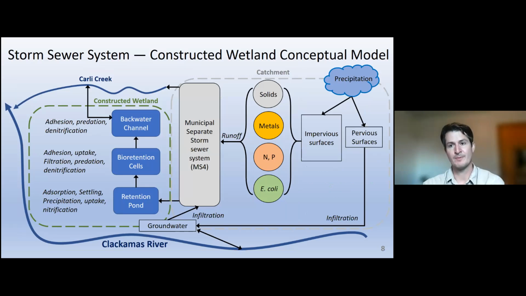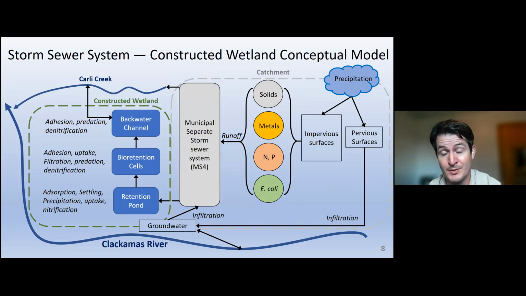So here's a conceptual model to think of how pollution is conveyed from a catchment into the constructed wetland. I'll just walk through it here. In the top right, we're looking at precipitation falling onto one of 2 kinds of surfaces.